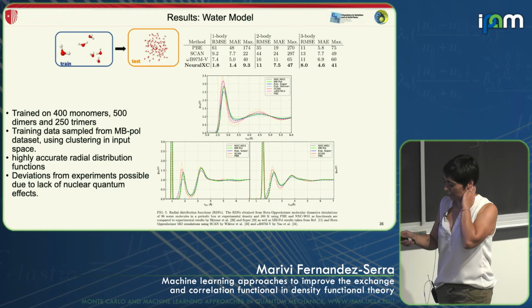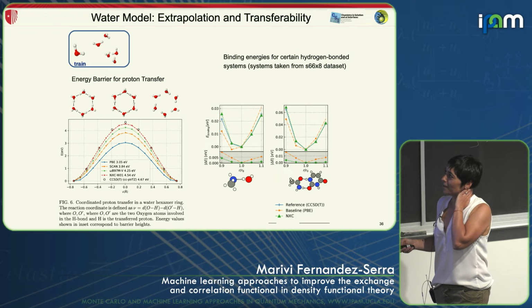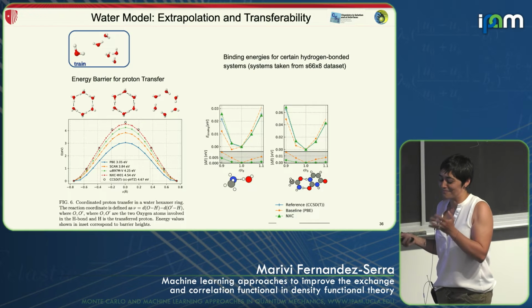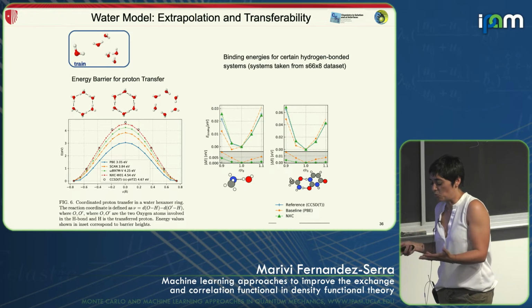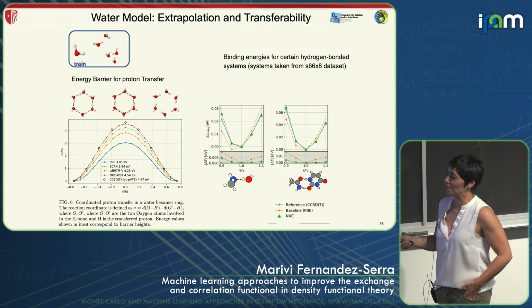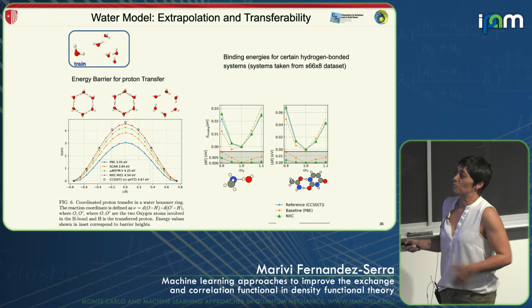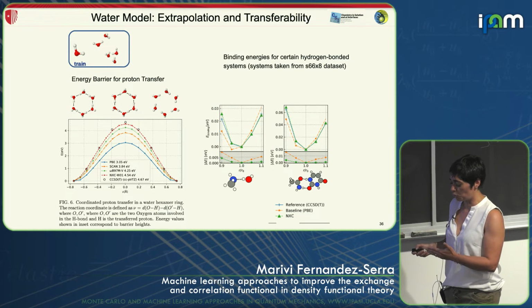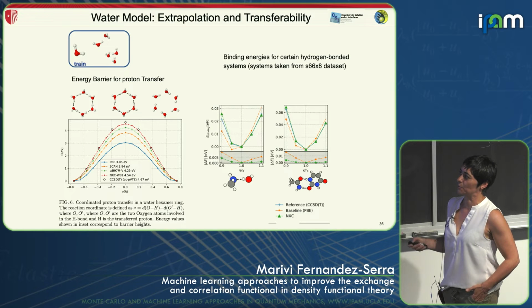Of course, I will say that it is a lot of work in a way. You want to train a functional to get some DFT description of your model that then, in principle, you want to be able to use beyond the system that you tested for. We did show that it is very extrapolable and has a very large transferability.